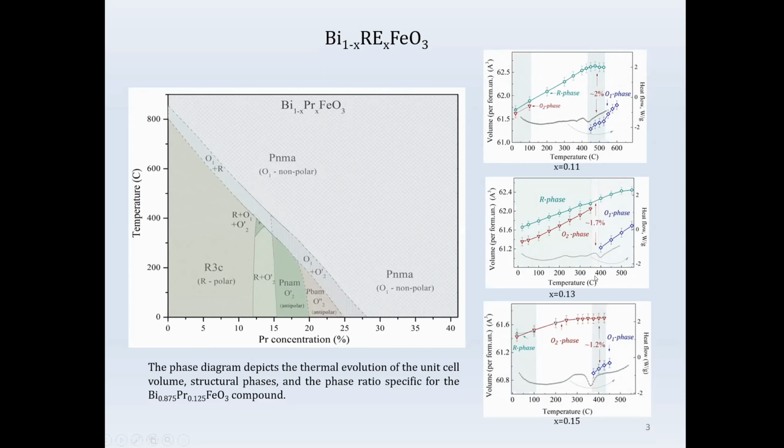These slides show how the unit cell volume changes with temperature, and the difference between the different structures, I mean, in terms of unit cell parameters, is 1 or 2%, which is quite a big value. So let's talk about samarium.